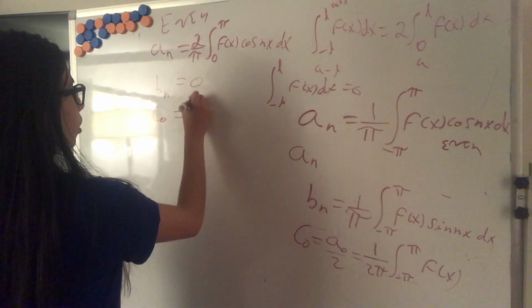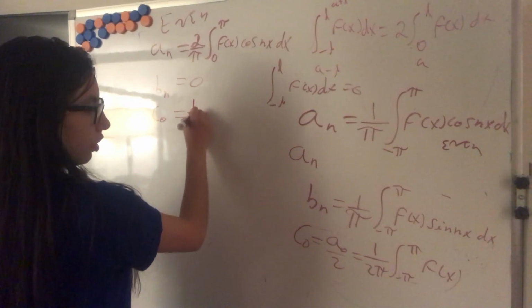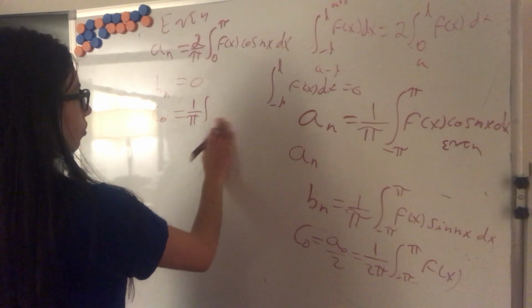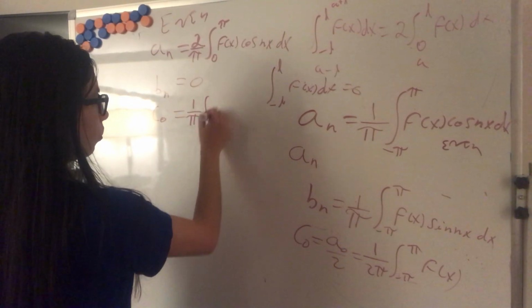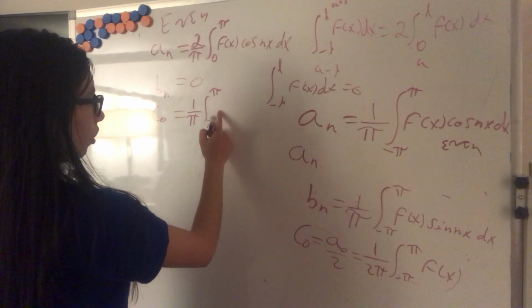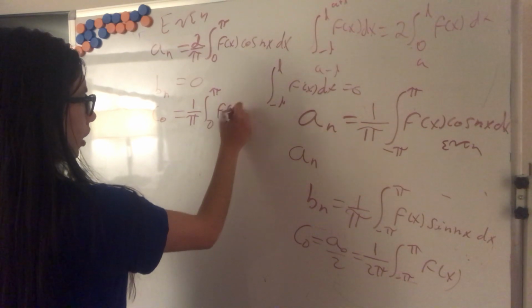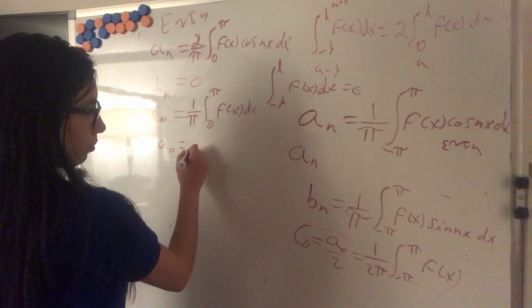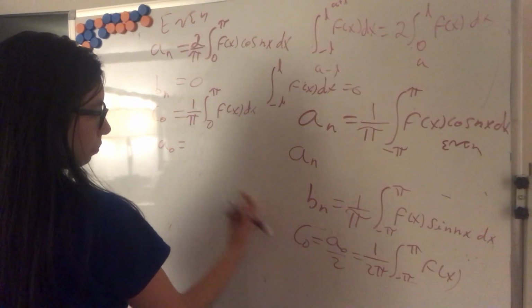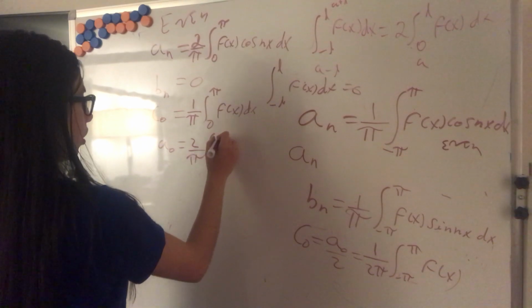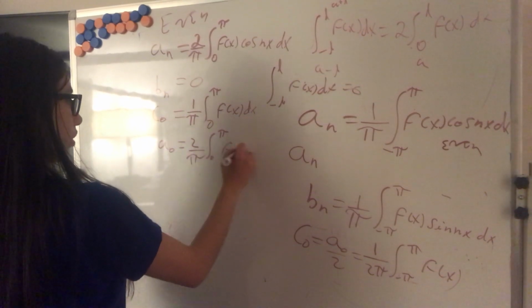So this is 1 over pi times the definite integral from 0 to pi of f of x dx, and a sub 0 is just 2 over pi times the definite integral from 0 to pi of f of x dx.